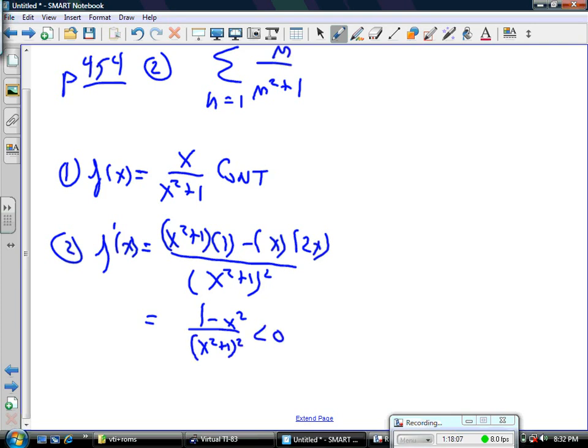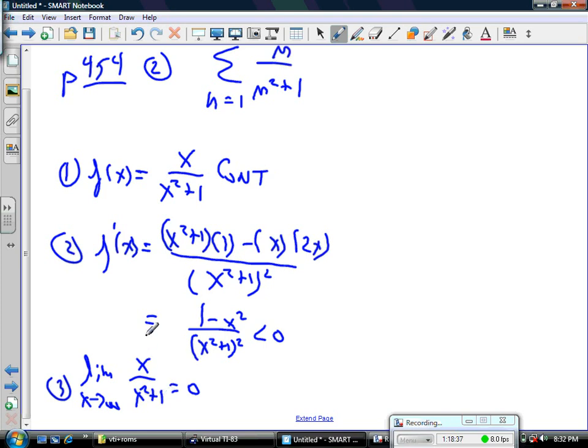Is that always negative for x greater than or equal to 1? Yeah. Plug in greater than 1. If you plug in 1, it's 0. But greater than 1, like 2, that's negative. And third, the limit as x goes to infinity of our f of x is 0, because as x gets humongous, this 1 really is immaterial.